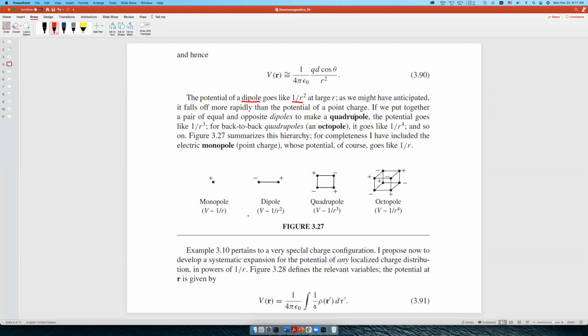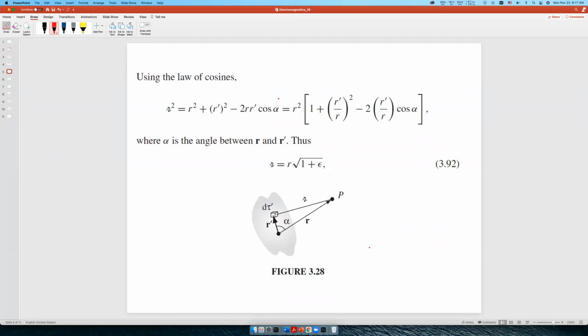If we set up the situation in this case, then V equals 1 over 4 pi epsilon 0 times the integral of 1 over R rho d tau. That's the volume integral for the entire charge density distribution.